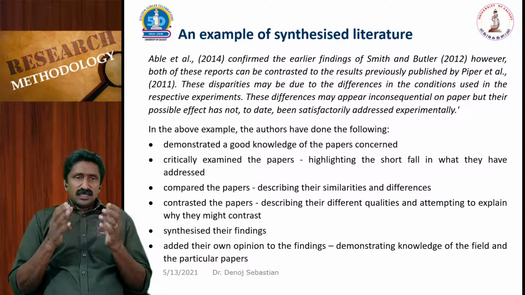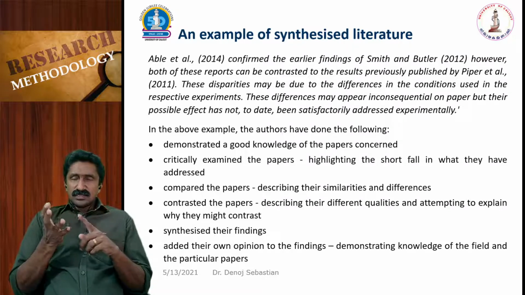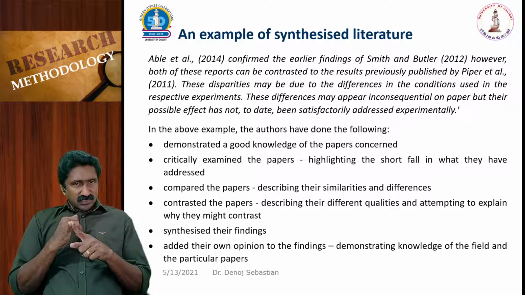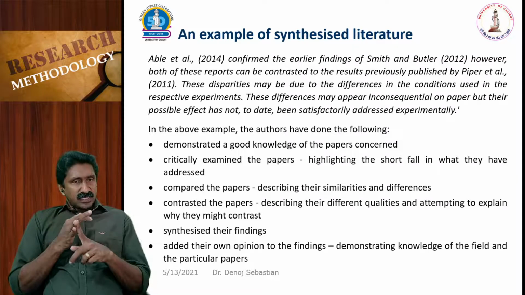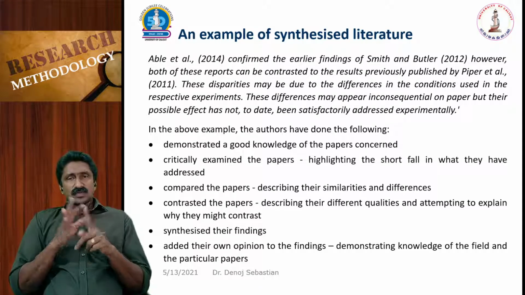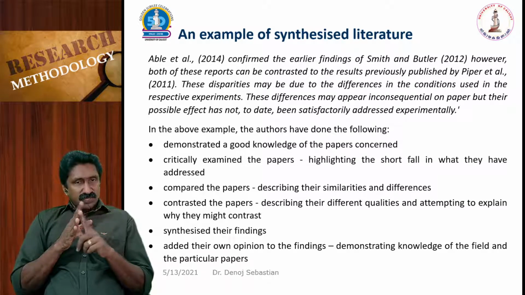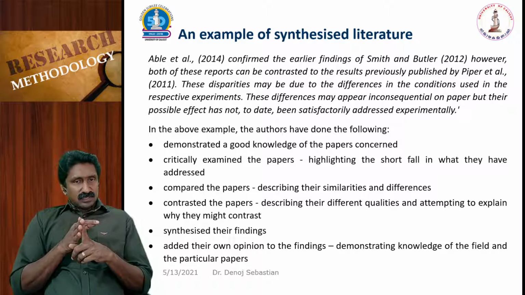See, in the above example, the authors have done the following: demonstrated a good knowledge of the three papers concerned; critically examined the papers, highlighting the shortfall in what they have addressed; then compared the papers, describing their similarities and differences.